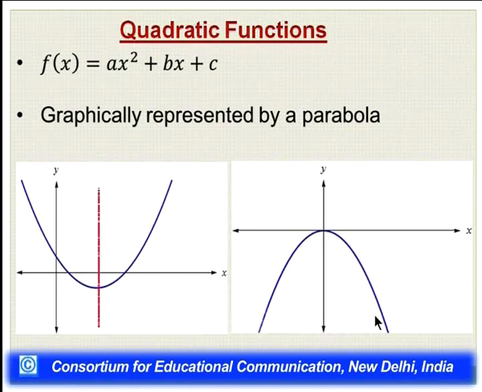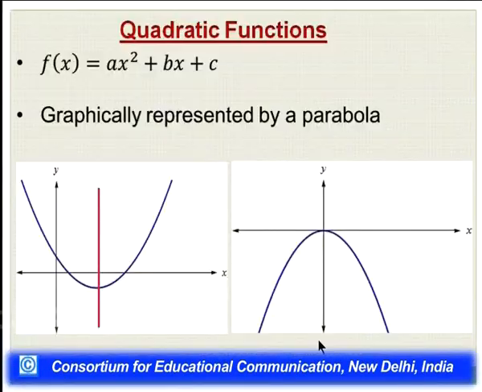In particular, here we are talking of parabolas which have a vertical axis of symmetry. The axis of symmetry is like the red line here. If you see this red line on the parabola that is opening upwards, the parabola on the left, this is a line which divides the graph of this function into two identical halves.